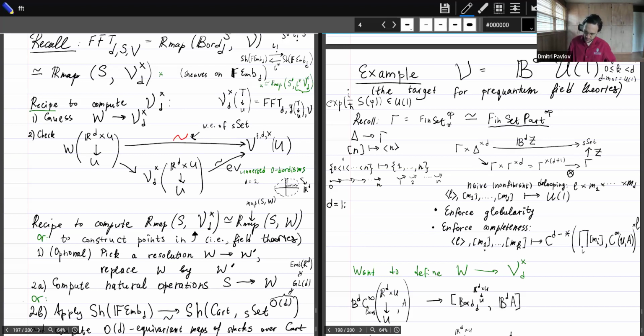For d equals 1, you would have a single simplex M1 mapped to the nerve of a category whose objects are chains of arrows of length M1, and each arrow is equipped with an element of a copy of U1.